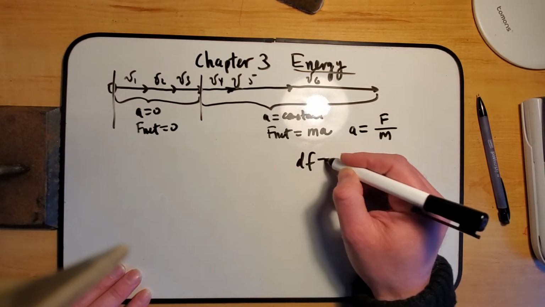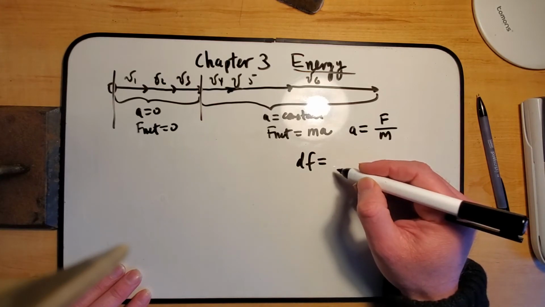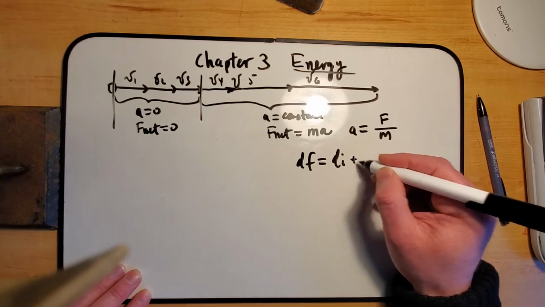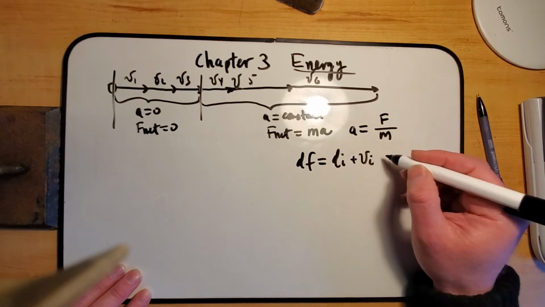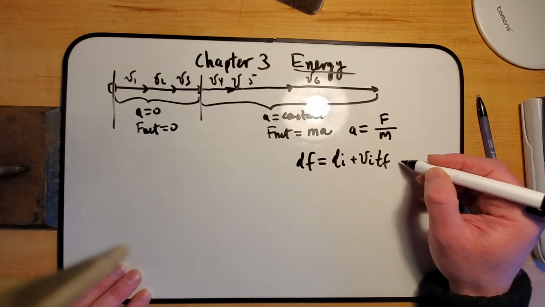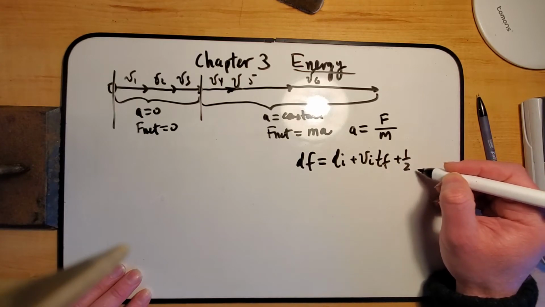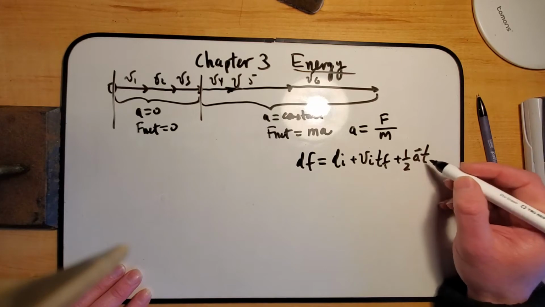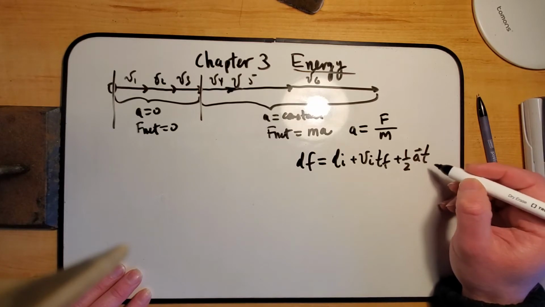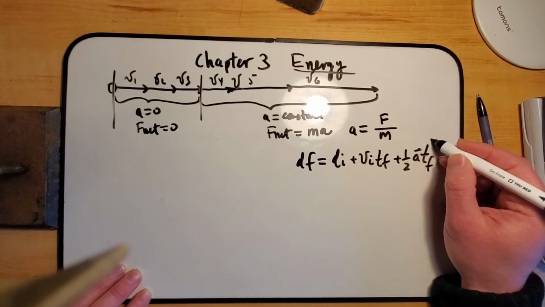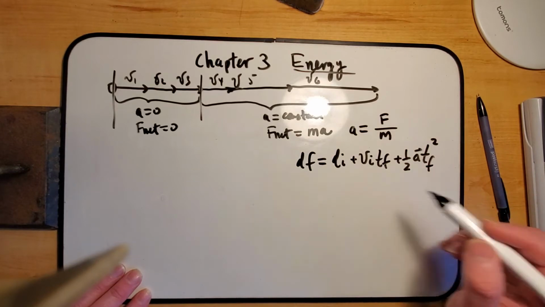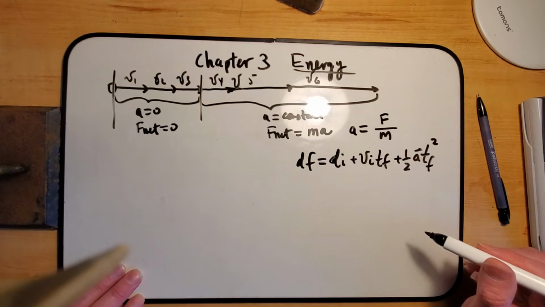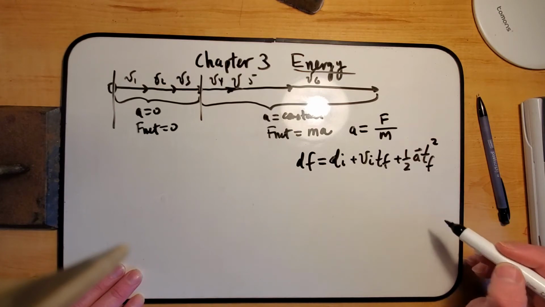So we learned before the following formulas. The final displacement d final is equal to d initial plus v initial times t final plus 1/2 a t final squared, and these are vectors, of course. I derived this formula during our face-to-face meetings, so you should go back to your notes and check it.